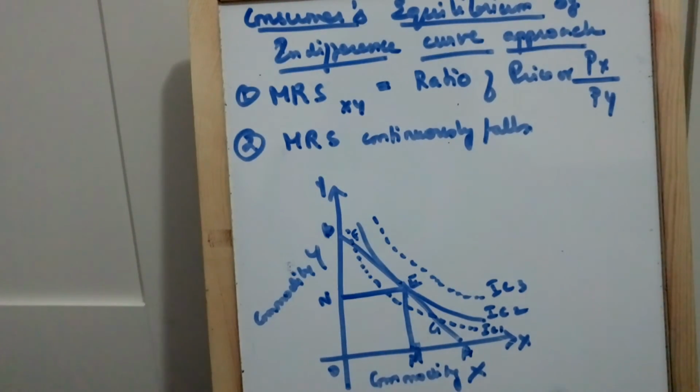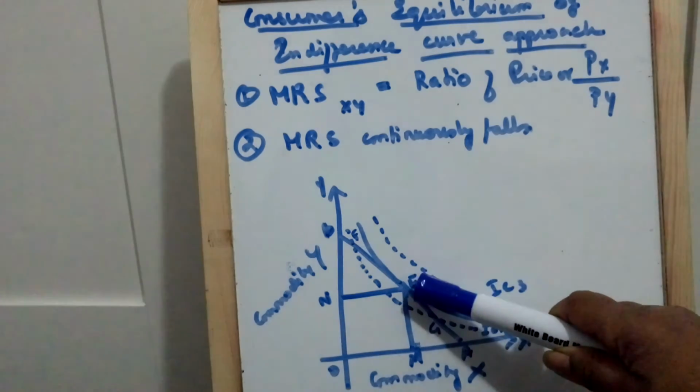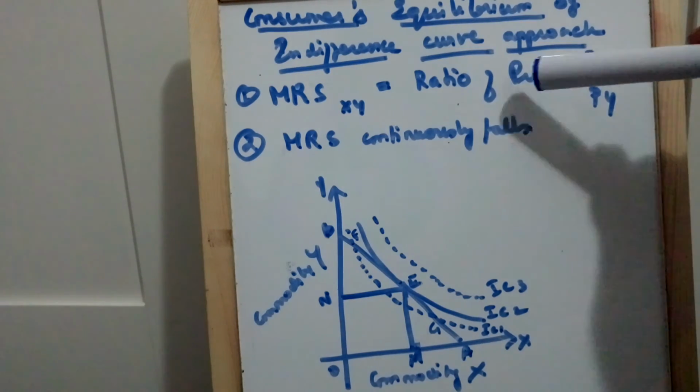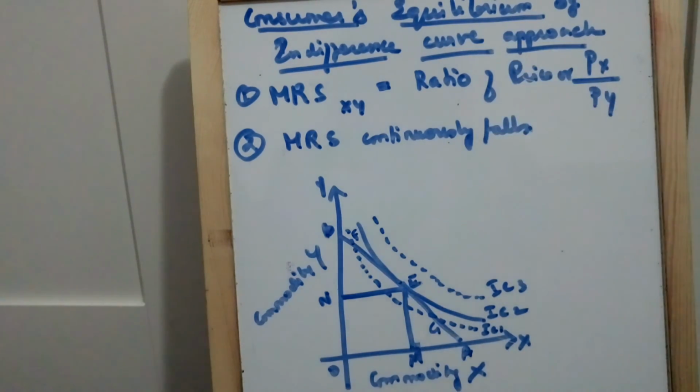So as the budget line can be tangent to only one indifference curve, the consumer maximizes satisfaction at point E when both the conditions of consumer equilibrium, these two, are fulfilled. So MRS is equal to the ratio of price.